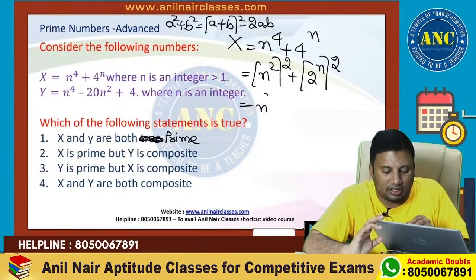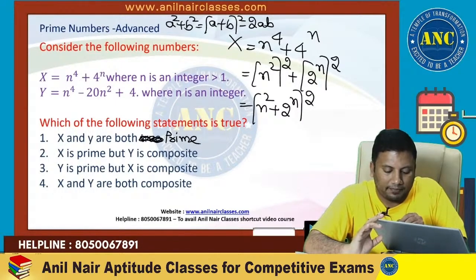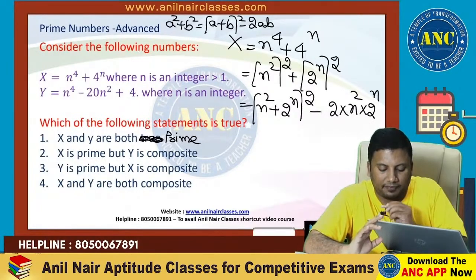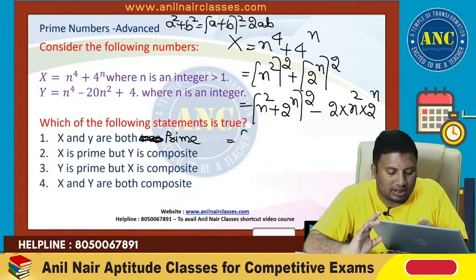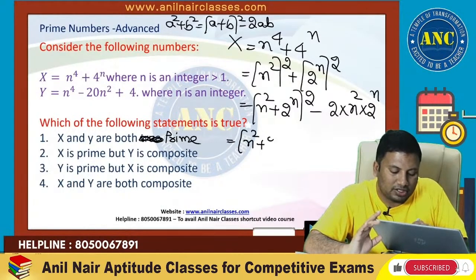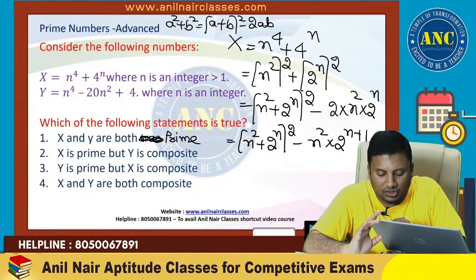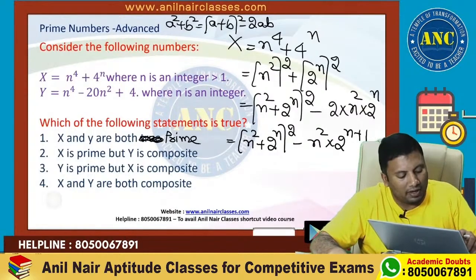So these are nothing but (n² plus 2^n) whole square minus 2ab, that is 2 into n² into 2^n. Are you all with me? These are nothing but (n² plus 2^n) whole square minus n² into 2^(n+1).